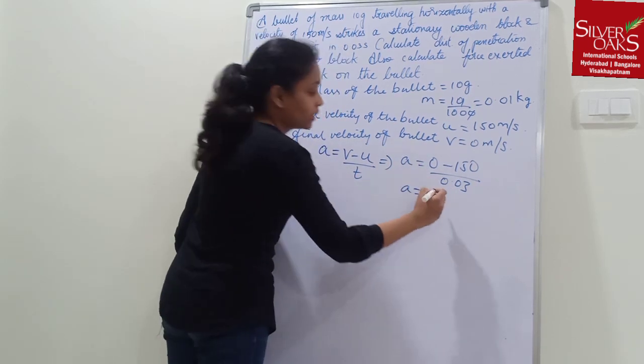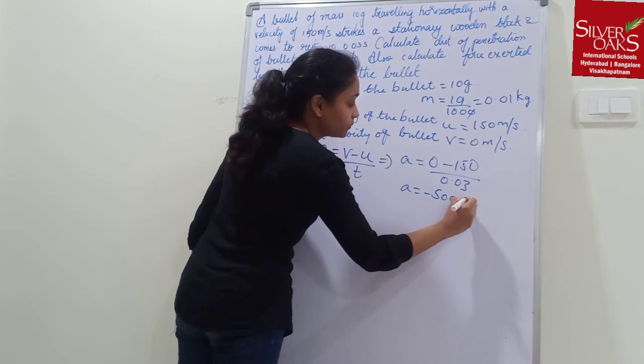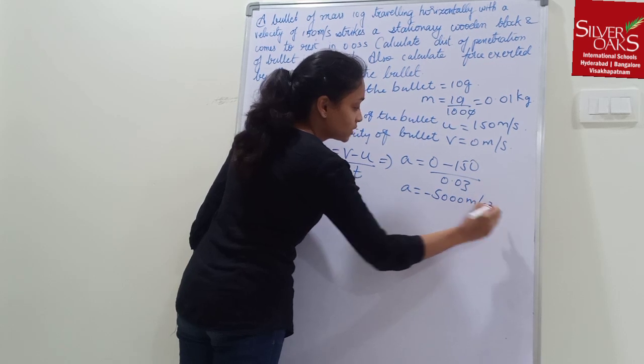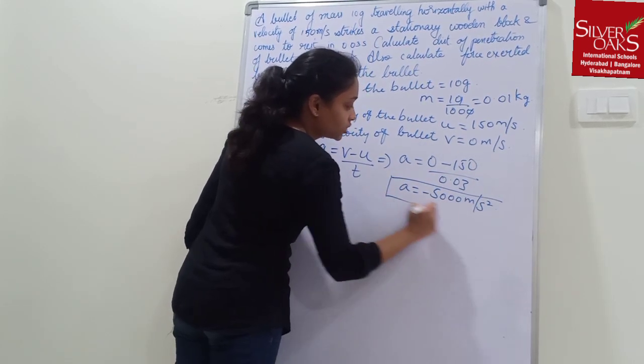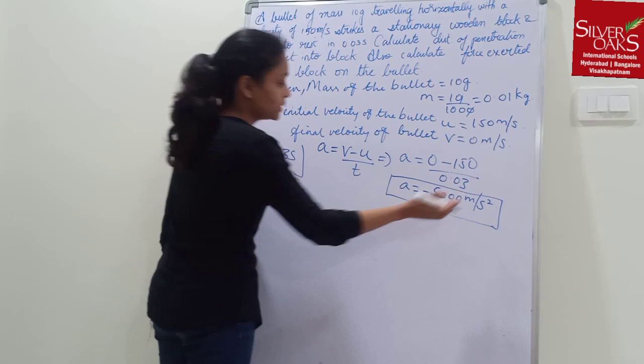This value is minus 5000 meters per second square. Acceleration is minus 5000 meters per second square.